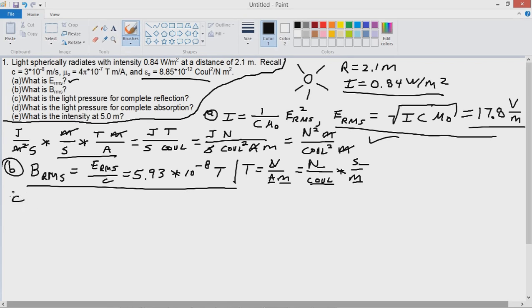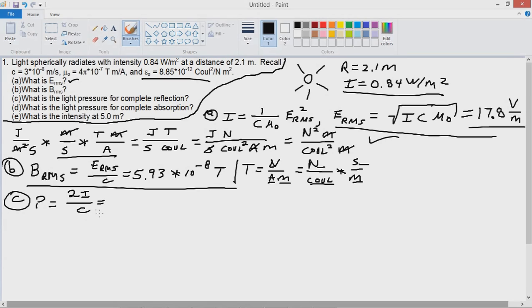C, light pressure for complete reflection. That's very simply the intensity over the speed of light. Excuse me, reflection, twice the intensity over the speed of light.